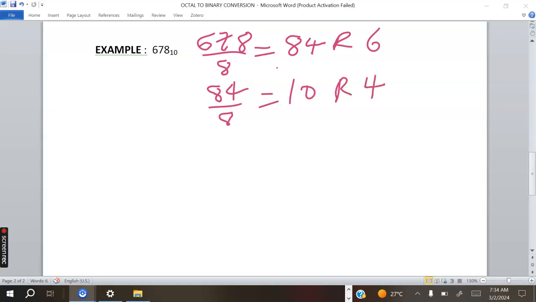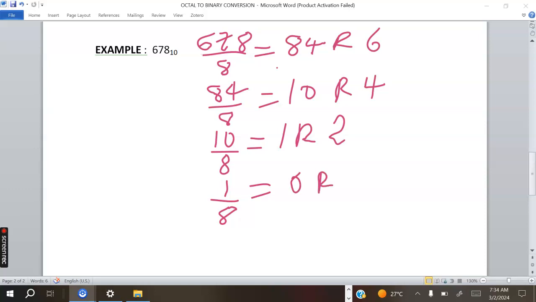Then we have the 10 divided by 8. You will get 1, remainder 2. Then from the 1 divided by 8, you will get 0, remainder 1.